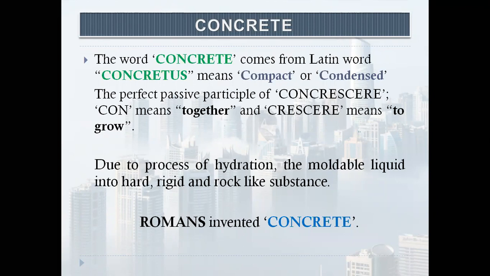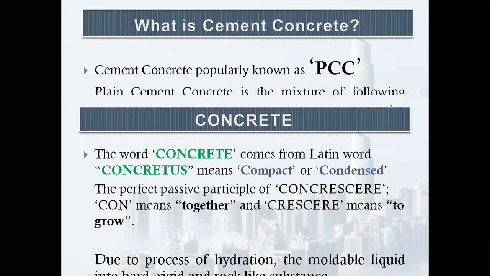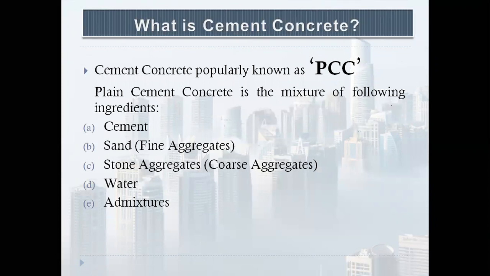Growing together means that when cement is mixed with sand and aggregate and with water, hydration of the cement takes place. After that hydration, the substance converts into a hard, rigid, rock-like substance, which is called concrete. The Romans invented this concrete, which we are using till now.